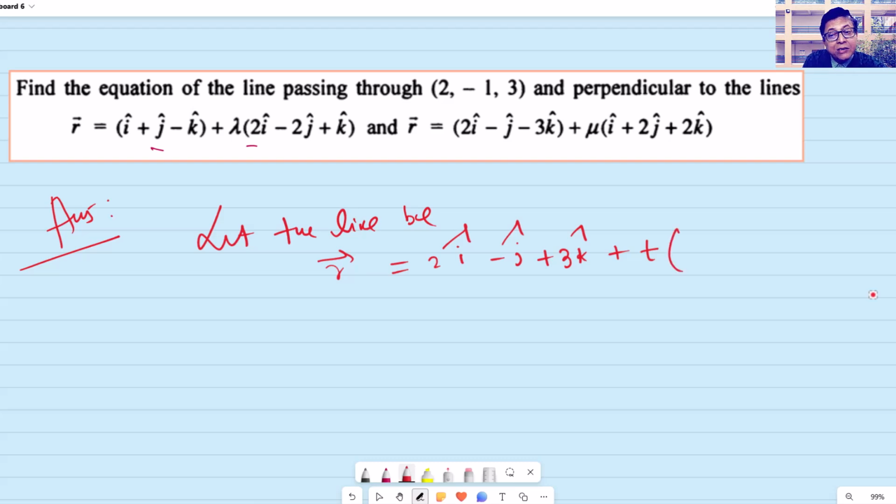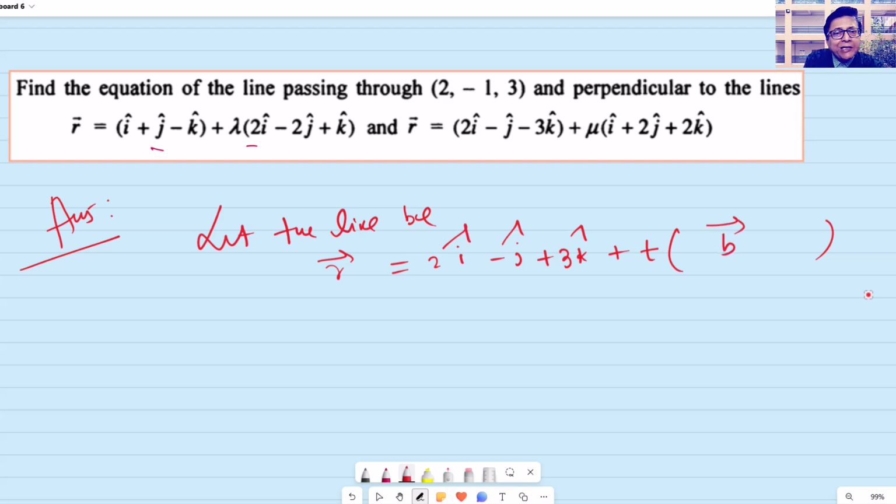B means the vector ai plus bj. But are we going for scalar form? No. So this is just for explanation. I'll be writing only vector b over there. That is enough because we will do it by the vector method.